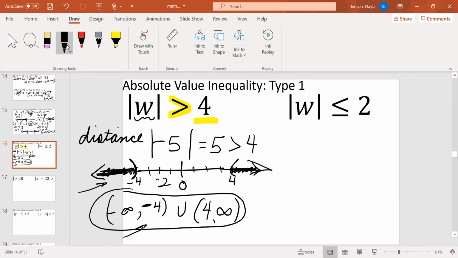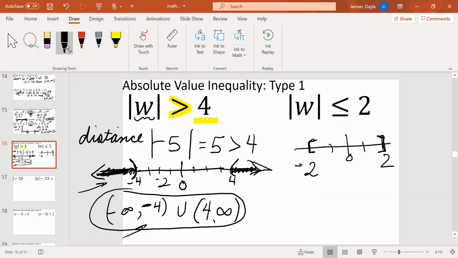What about over here? This one says that whatever W is, it's less than or equal to 2 units away from 0. So if I want it to be less than 2 units away, then it's going to be between the two.